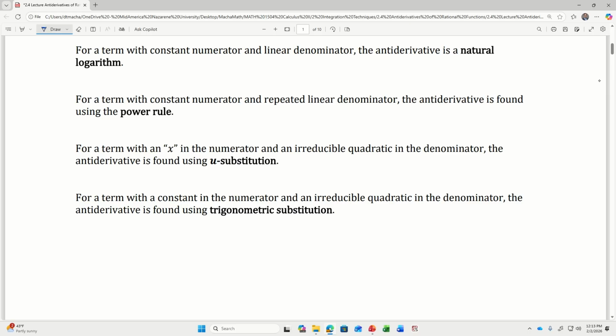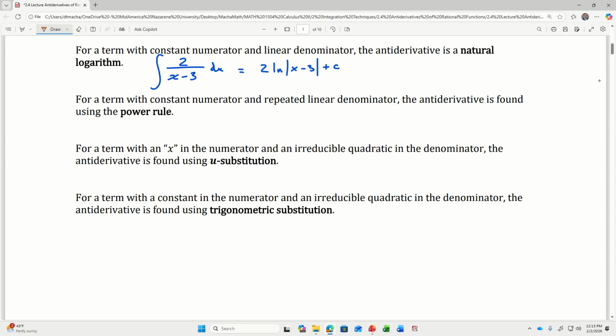Maybe I have a term with a constant in the numerator and a linear factor in the denominator, like this. Well, then the antiderivative is just going to be the natural log. Okay? In the second case, I've done long division, I've done partial fraction decomposition.